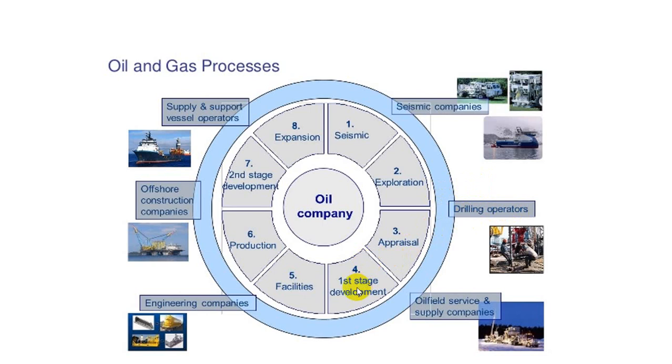Number 4 is the first stage development. This can be done by oil field service and supply companies. After that, the facilities of the site can be executed by the engineering companies. Then the production starts. The production of oil starts in this stage.